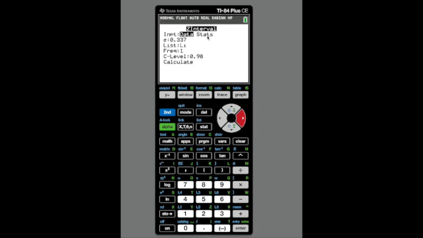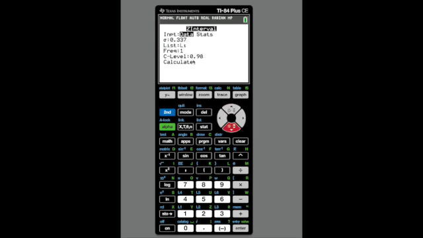Before, we were using Stats, where I could enter those values directly. But if I don't know those values and I have the data, I hit Enter on Data and tell the calculator what list it's in. I put mine in List 1.